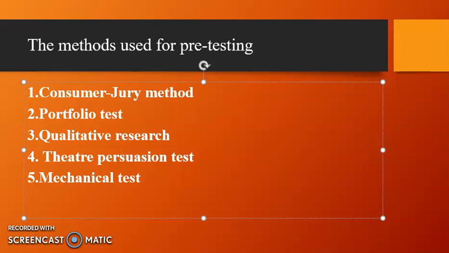If they are able to remember them, that shows the effectiveness of the ad message. So this is what happens in the portfolio test: how well you can remember the advertisements, how catchy the message is. All such things can be evaluated using the portfolio test.